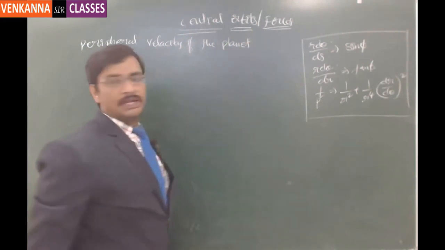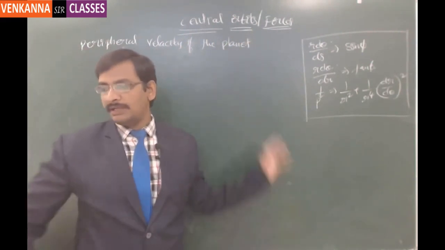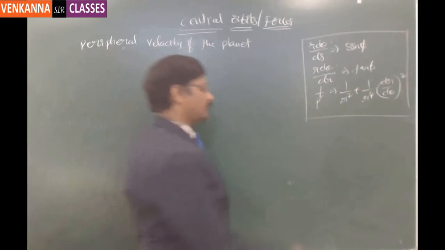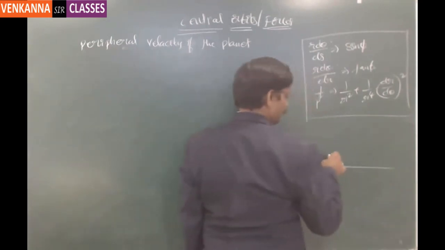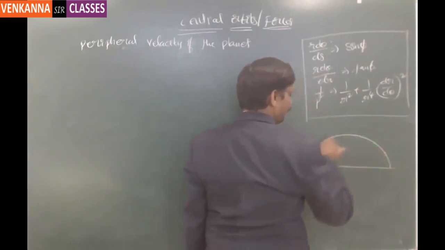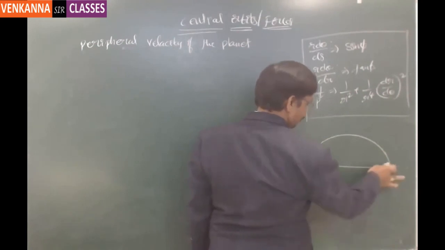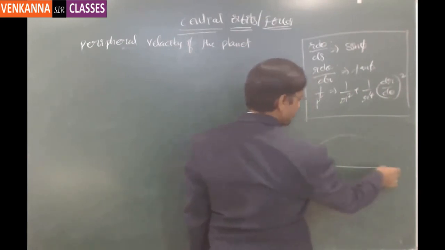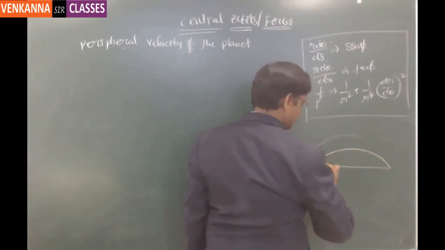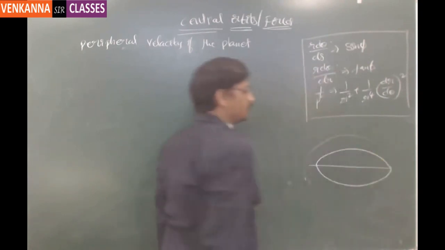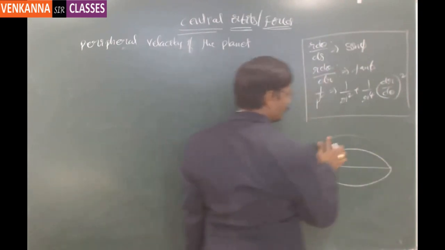The question comes from the fact that the planet rotates in an elliptical orbit like this. So this is the ellipse where the planet is trying to rotate.